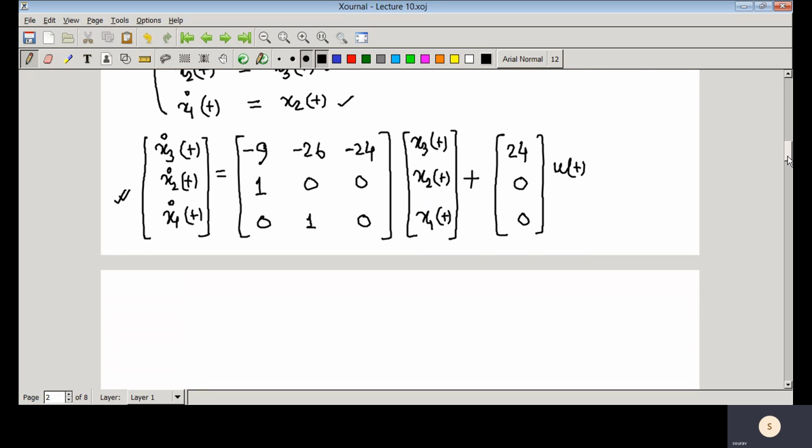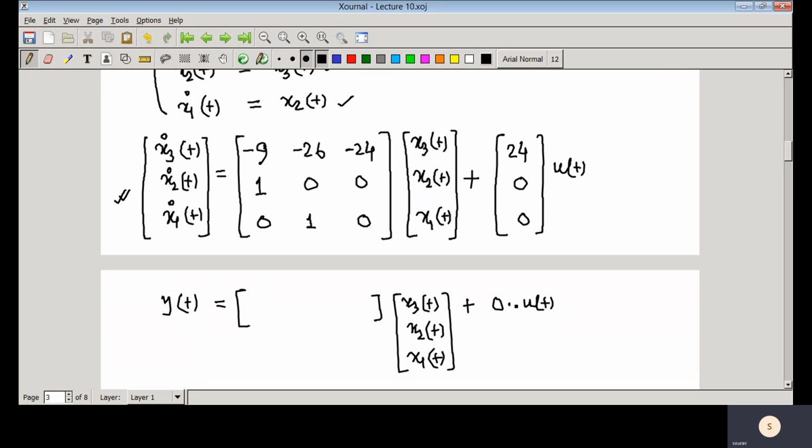So now you can write that y(t), that is the output, again in matrix form. Three state variables are there, x3(t), x2(t), and x1(t). And here you have 0 into u(t), because the output is not directly related with u(t).